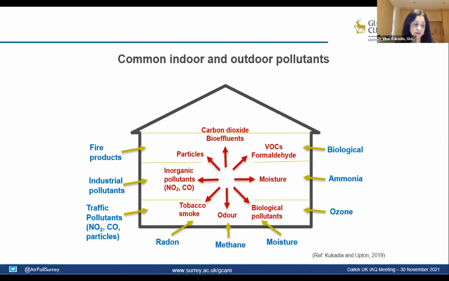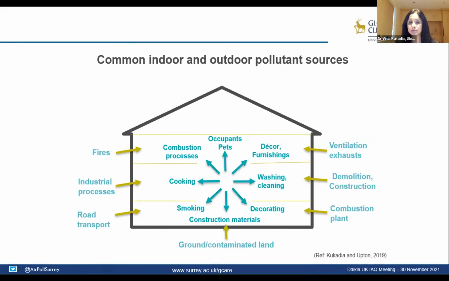And there is a document that's available, and I've put the reference at the bottom here, which explains some of these pollutants and what their sources are. This diagram shows, similar to the other one, the actual sources of the different pollutants. This presentation will be made available, so you can look at it in more detail later.